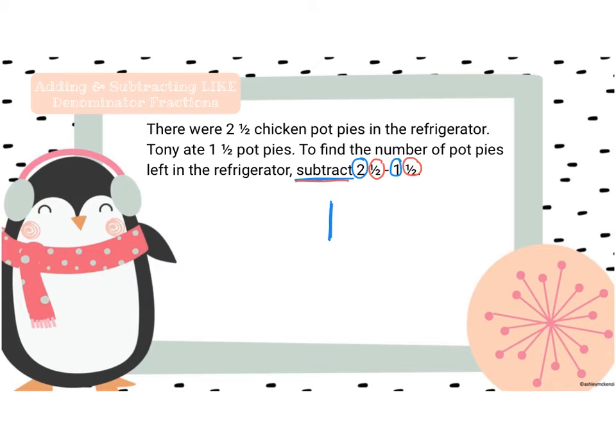Think about some of these things before you start writing them down on paper. I wouldn't write this. We're not going to write fractions that have 0 over 2. 0 of any part is just nothing. It's 0. So we can just leave my answer as 1 pot pie.